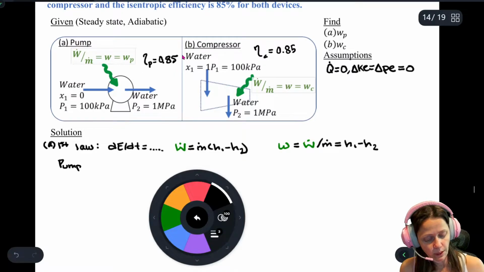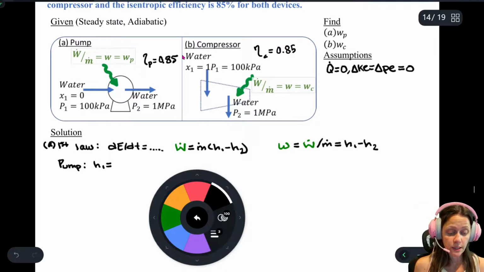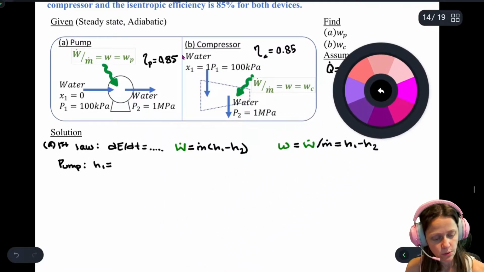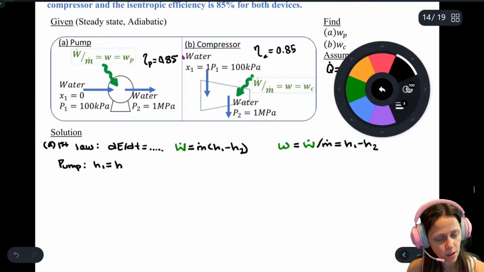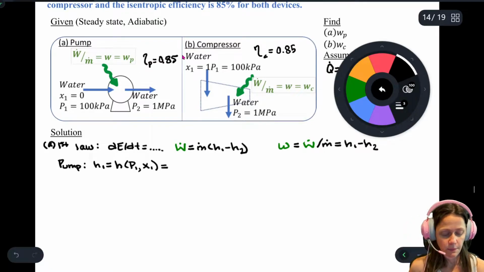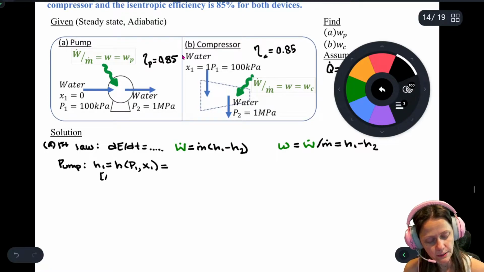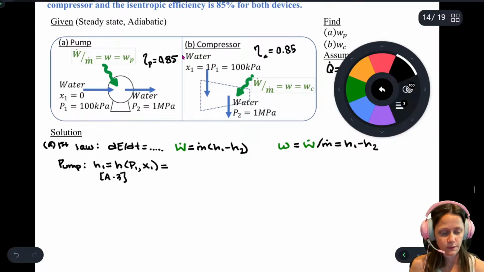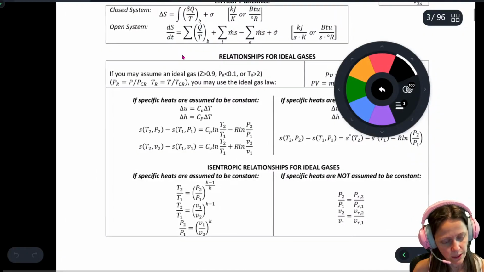So for my pump, that's what I'm looking at right now. For state 1, my h1, we've got the pressure and a quality of 0. So this is going to be h at P1, quality of 0. And we can look this guy up in table A3.